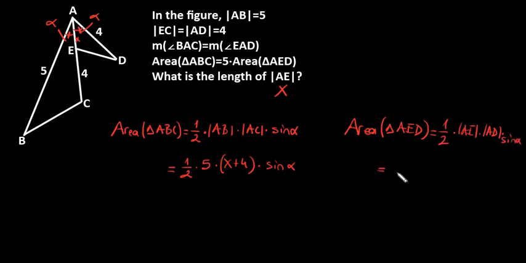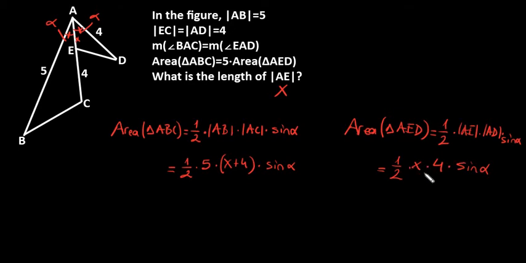So that's going to be equal to 1 over 2 times the measure of AE is x, and the measure of AD is 4 times sine of alpha. So we have this given information, as you see, 5 times the area of AED.